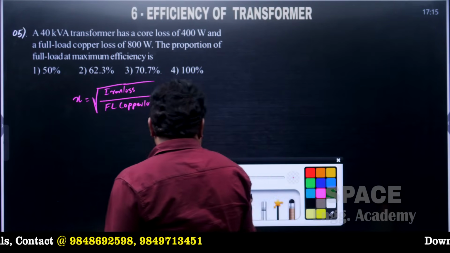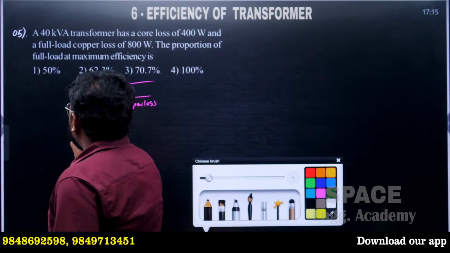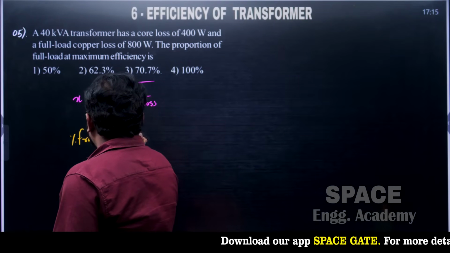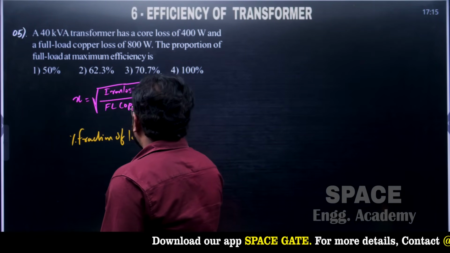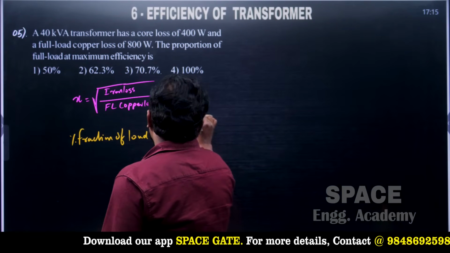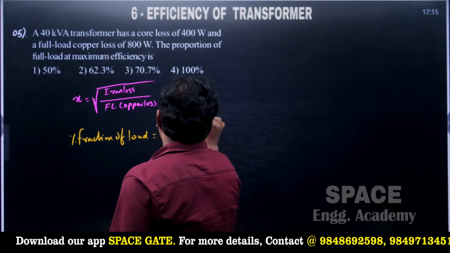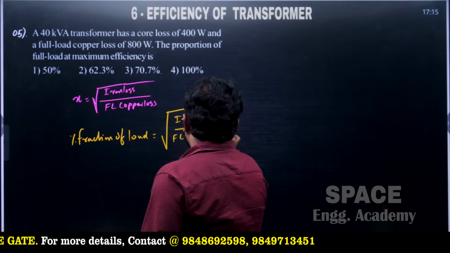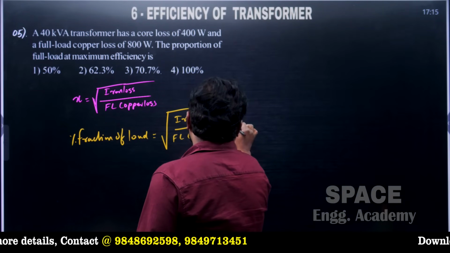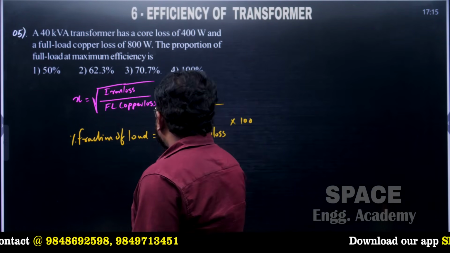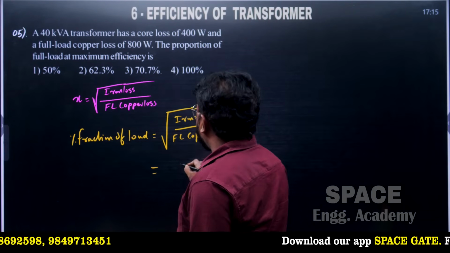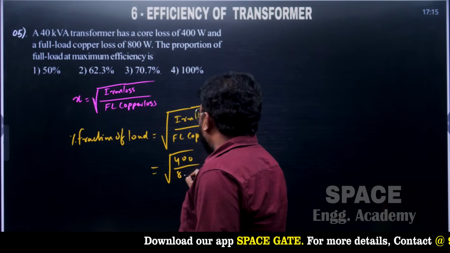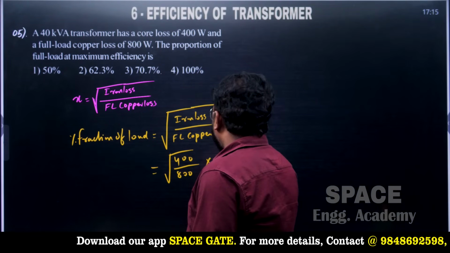So the percentage fraction of the load is equal to the square root of iron losses divided by full load copper losses, multiplied by 100. The iron loss is equal to 400 watts and the copper loss is equal to 800, multiplied by 100.